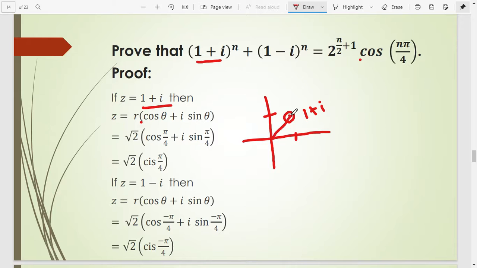By Pythagoras rule, 1 squared plus 1 squared, under root gives root 2, so r is equal to root 2, and the angle with the x-axis is π/4 because tan inverse 1 is equal to π/4, so we get √2 e^(iπ/4).